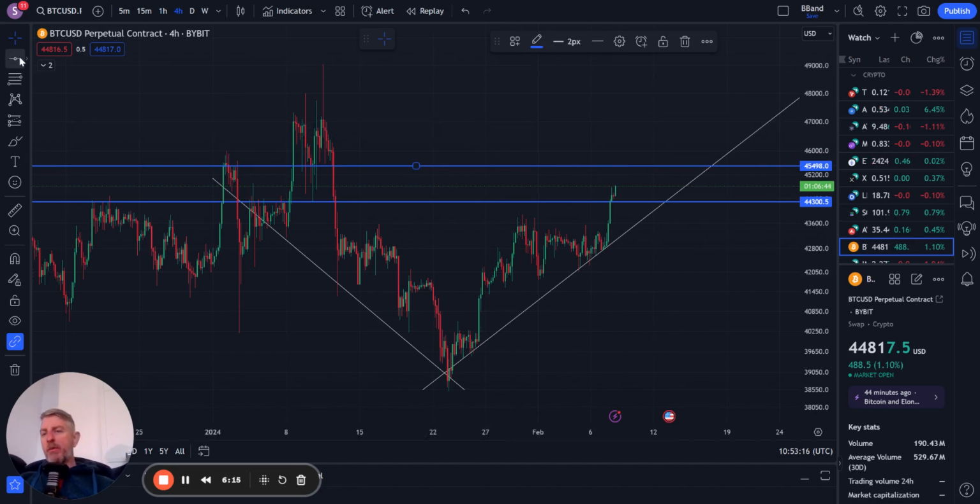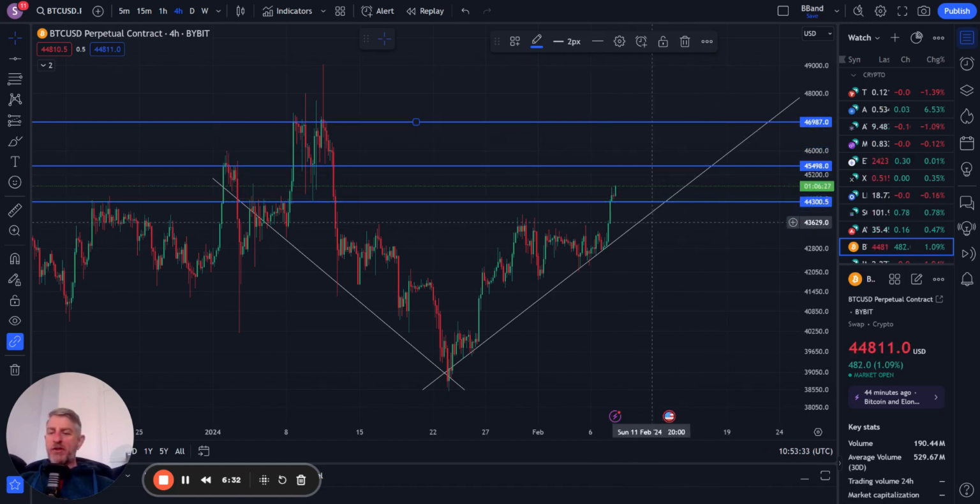You could put another one in, but I'm not sure that's particularly wise at this point because maybe it will break through that area today. But if you're being sensible, that's a good area to look to for the next day or so, maybe into the weekend.